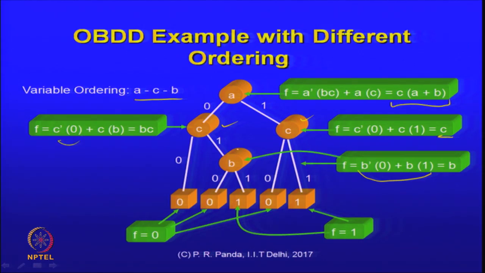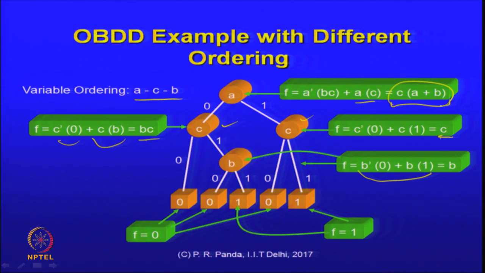If C is 1, then the value is b, and my function then is b c. Okay, this is b c and this is c. The function at the root is a prime times b c plus a times c, which gives me c times a plus b. It is the same function, but the structure is different here.